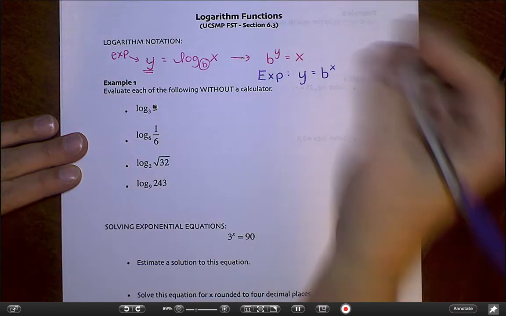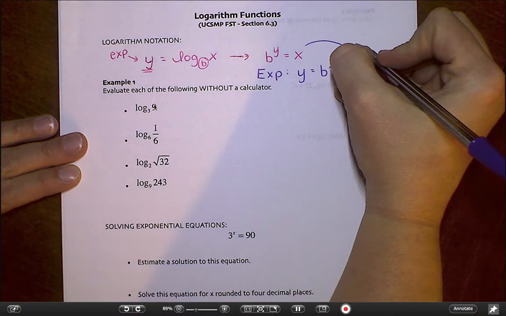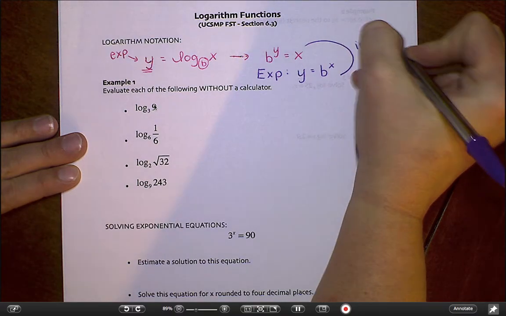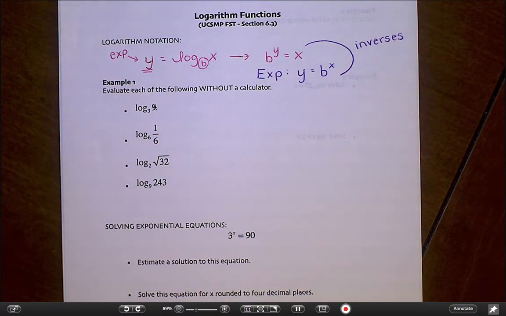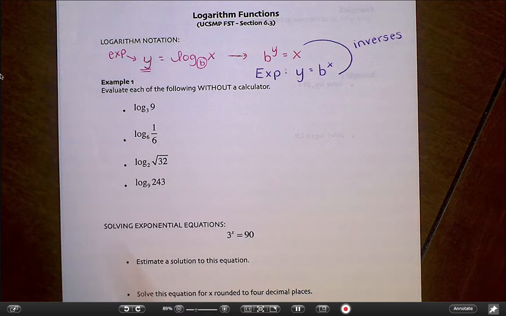What I would want you to take away from that is a log function and an exponential function are inverses of each other. Okay, logs and exponents are inverses of each other. They undo each other. Okay, so let's go back to this idea that when I'm finding the log of a number, I'm really just finding the exponent.